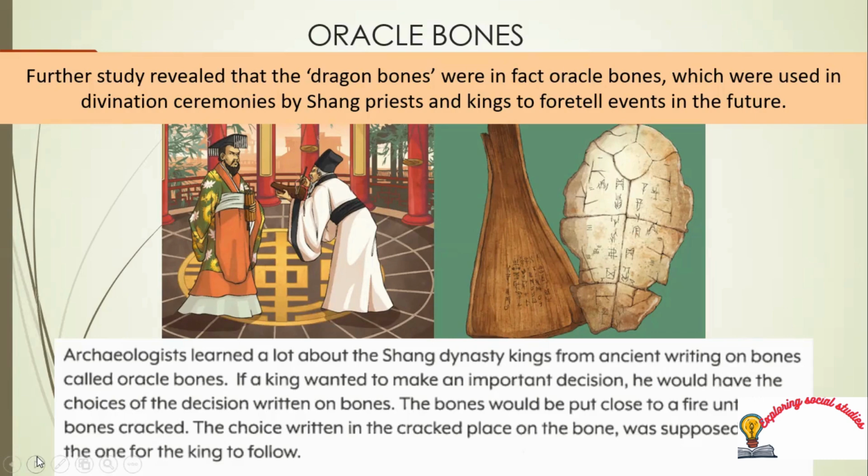Because bronze is a durable material, many items made by Shang bronzesmiths have survived to this day. Although bronze was a very important material, it is believed that it was mainly used by the upper classes during the Shang dynasty because not many everyday tools made of bronze have been found.